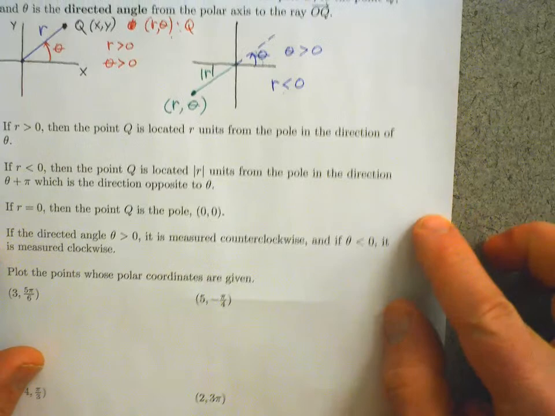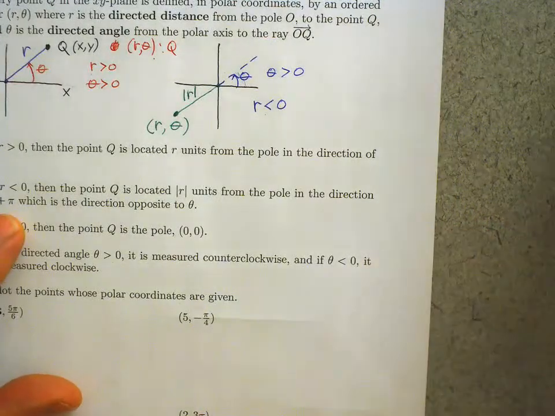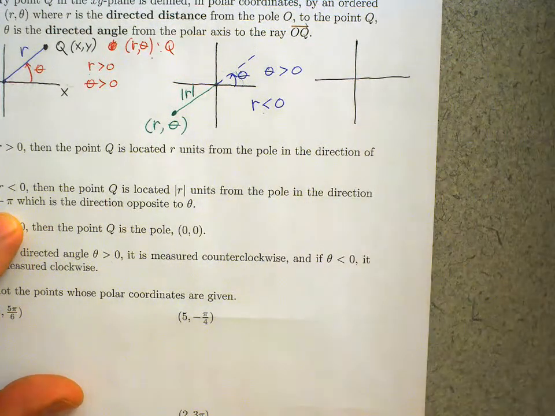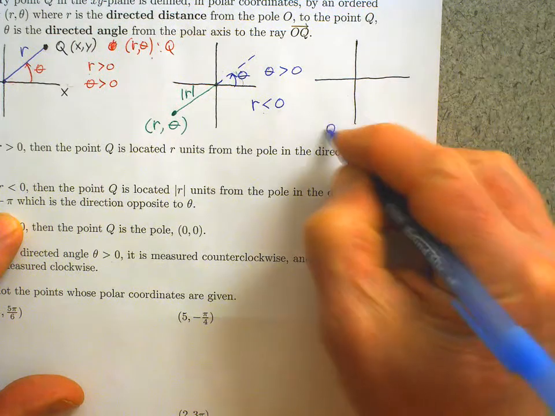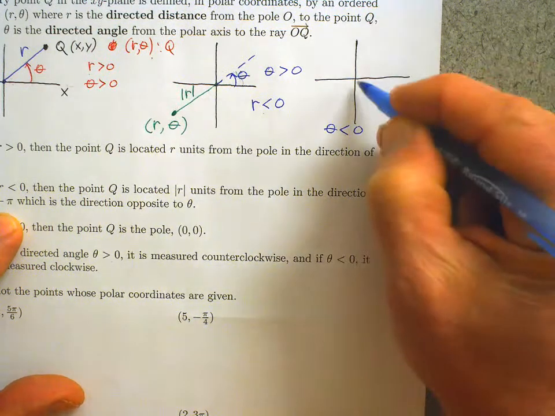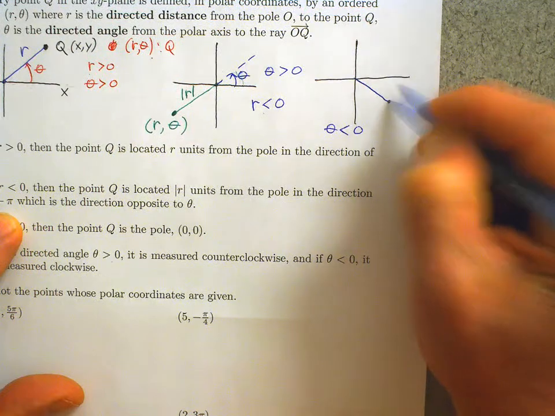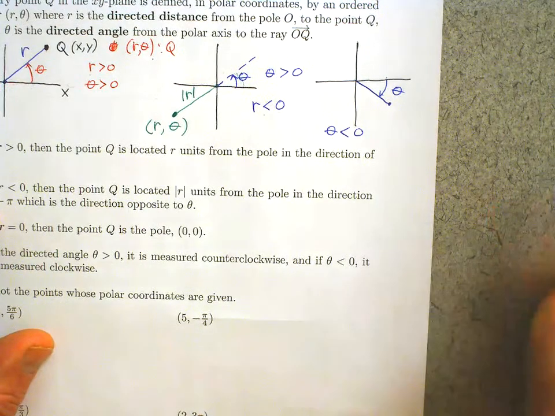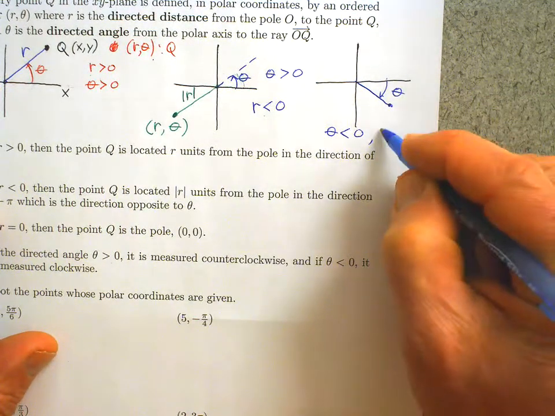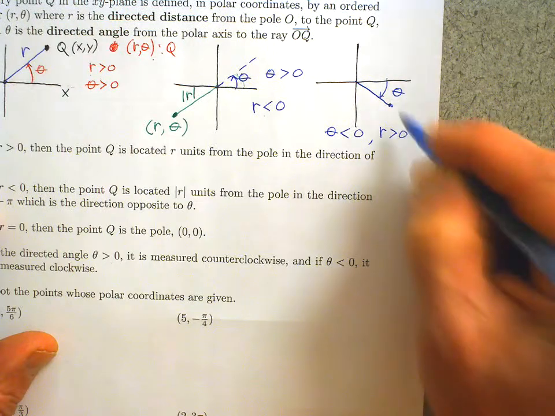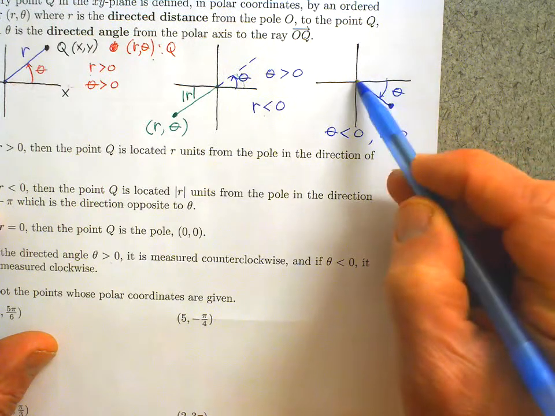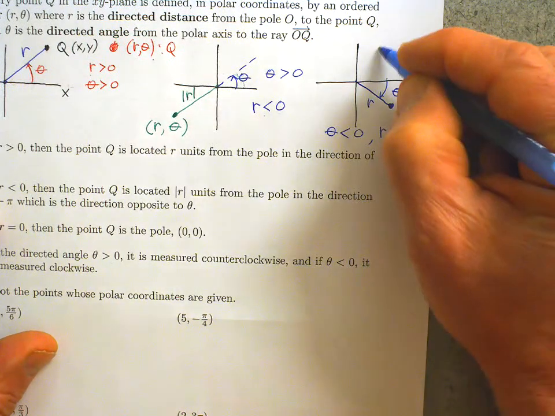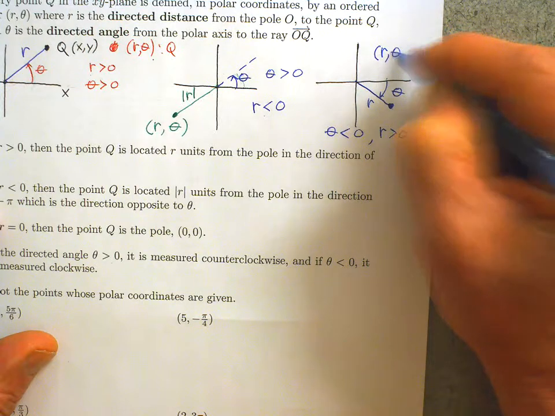So before doing the examples, we can draw one more picture. So if we have theta less than 0, then that's measured clockwise. If in this picture we say that r is greater than 0, then the distance from the origin to that point is r, and the point is represented by r, theta.